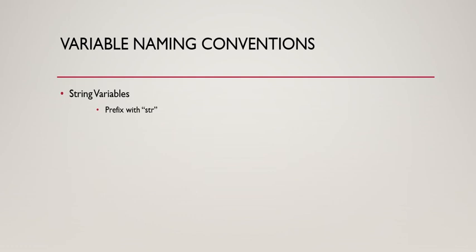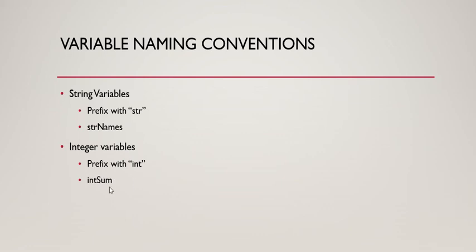You could use variable naming conventions for variables. So for string variables, you could prefix a string variable with an str, like str names. And for integer variables, you can prefix it with an int, like int sum. And for Boolean variables, you could name a Boolean variable like bool decision.